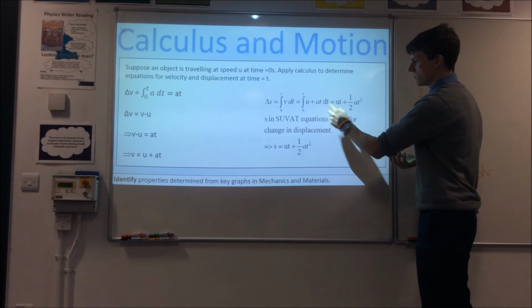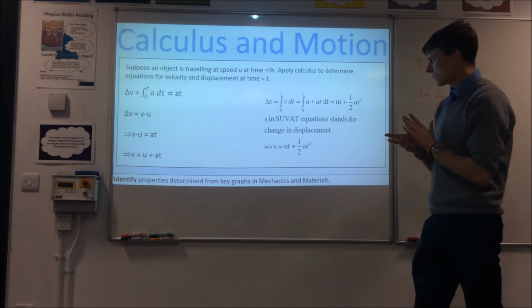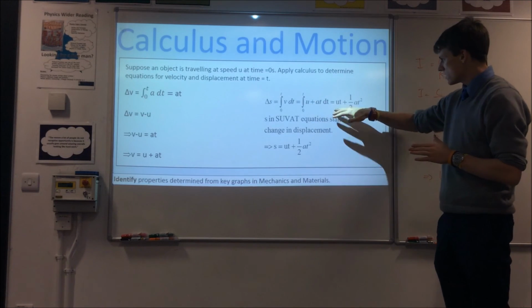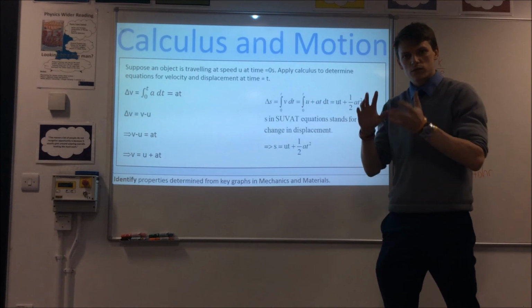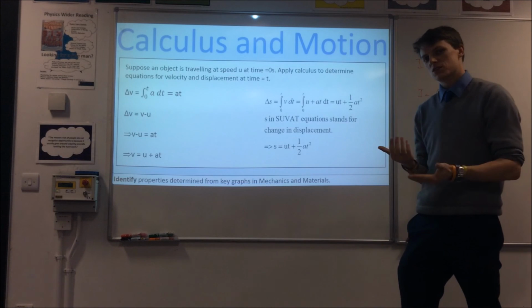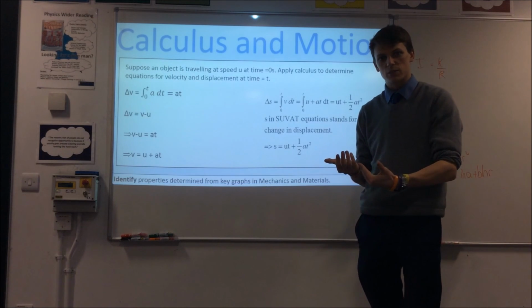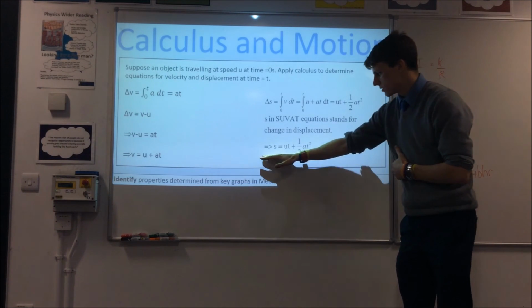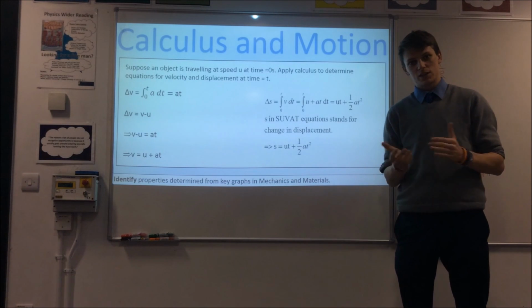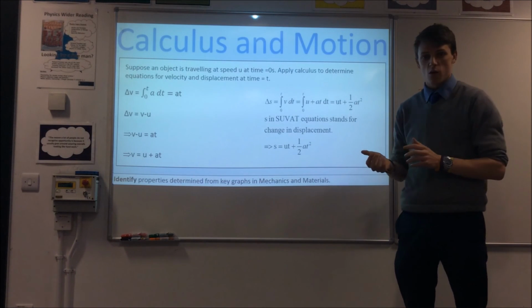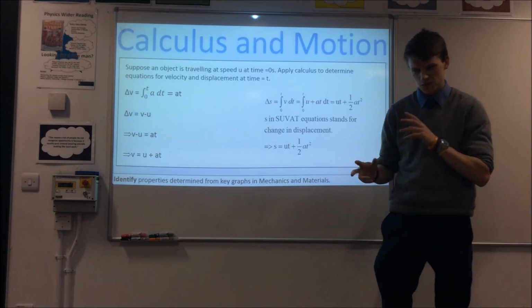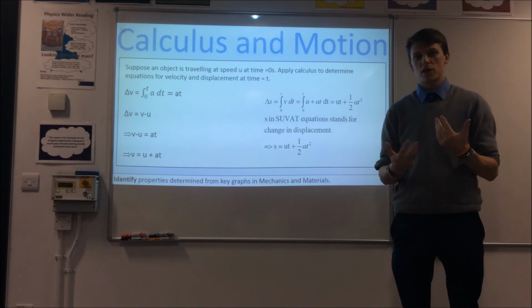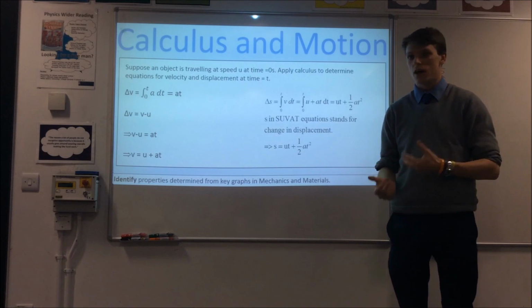So we can replace v with u plus at, integrate that with respect to t, we get ut plus half at squared, and so the s in the Suvat equation actually stands for change in displacement of an object, so that's where the equation s equals ut plus half at squared comes from, using a bit of integration there. And then once you've got these two equations, you can just substitute them into each other and find the other Suvat equations there.